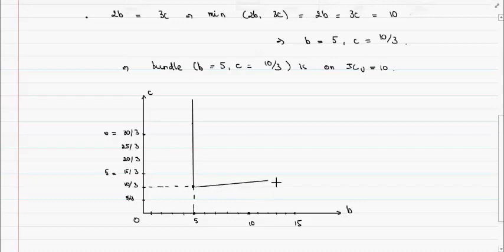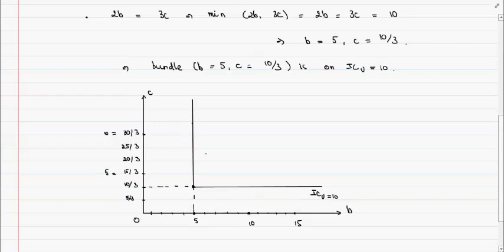So a horizontal line going all the way from this point, any B bigger than 5 at C equals 10/3, is on the indifference curve. So we know that this is the indifference curve for the utility level of 10.